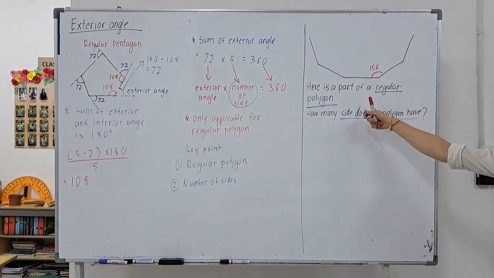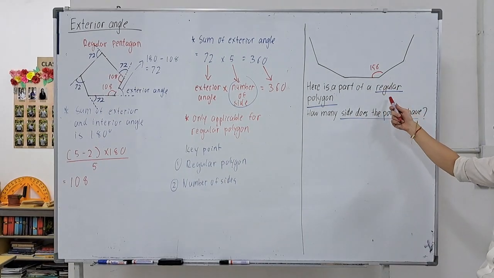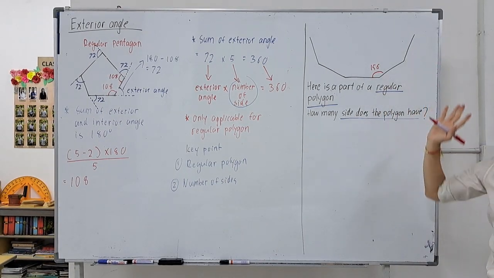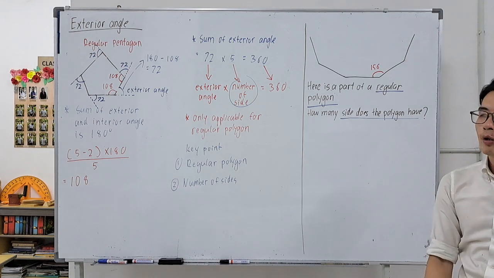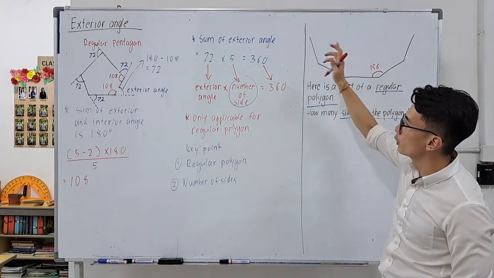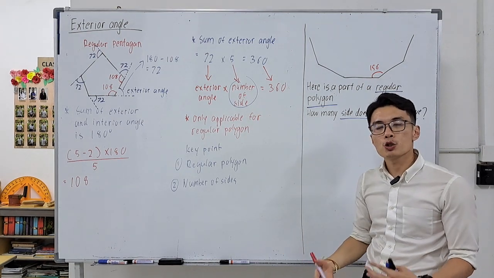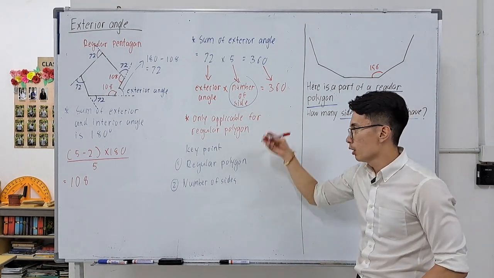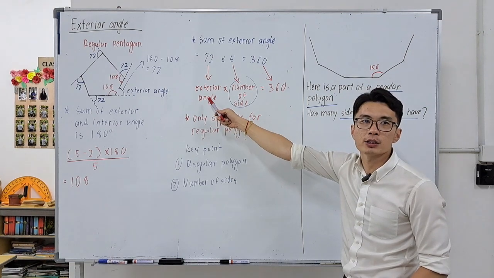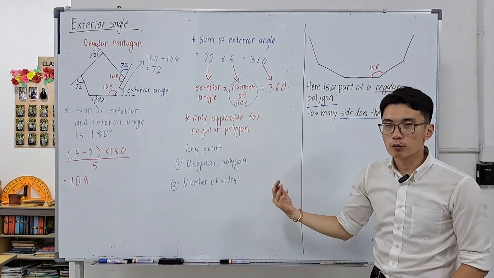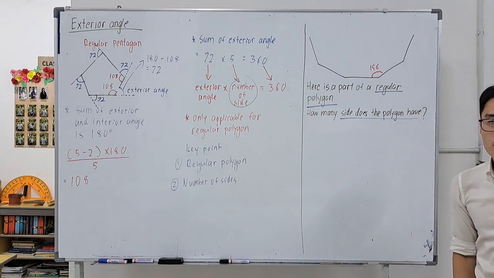Now again, let's look at this example. It's a regular polygon, and how many sides does this polygon actually have? Now think about it, if I would like to utilize this formula to find the number of sides, what information do I need? I need the exterior angle. That's the only information I need to use this formula.